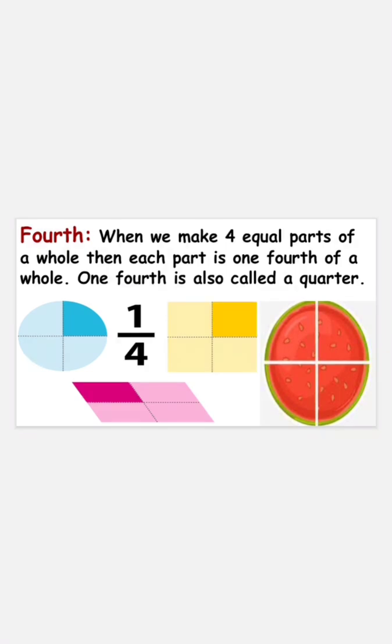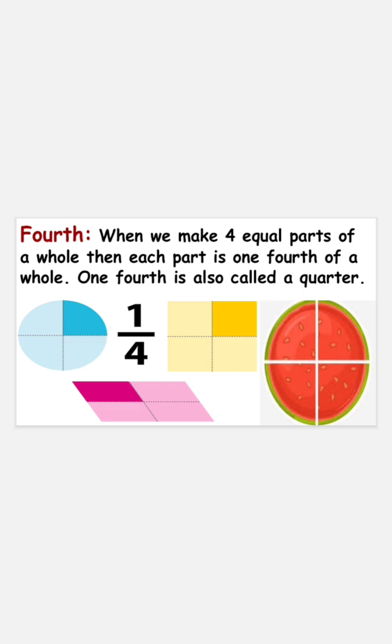So, what have we learned till now? What is fraction? Fraction means a part of something. The part of a whole is known as fraction. When the object is not cut, it is complete, it is known as a whole.